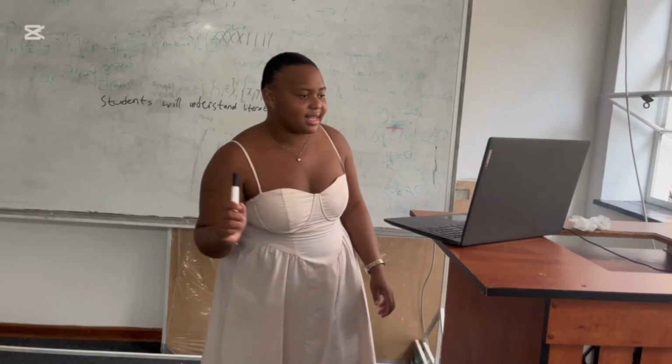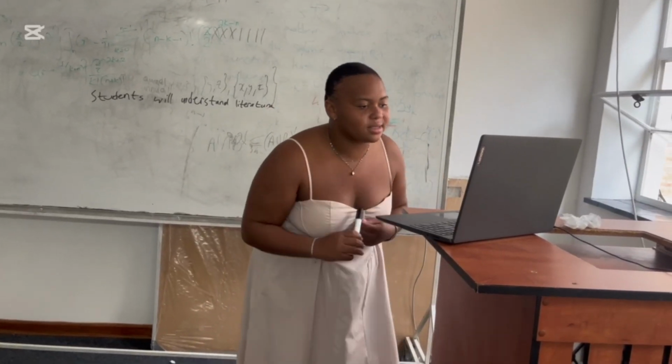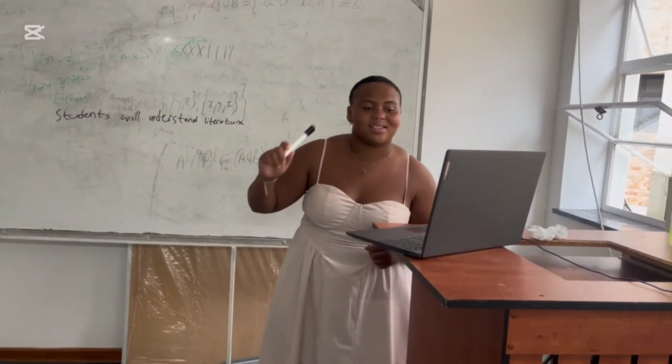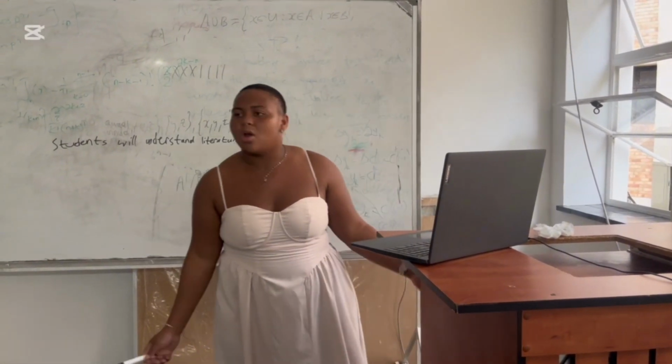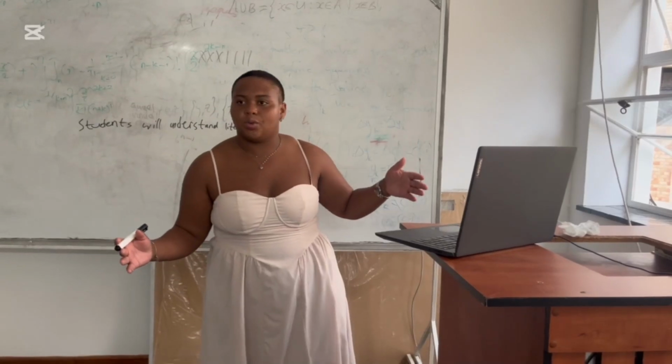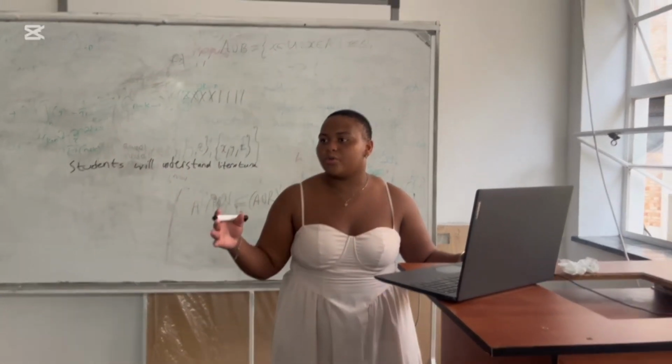Let's look at these examples. The first one is: students will understand literature, versus students will develop critical analysis skills through the study of diverse literary genres. Which is more useful between the two?